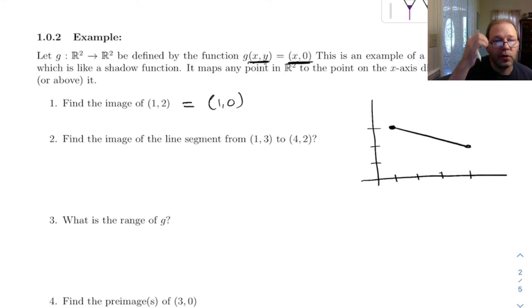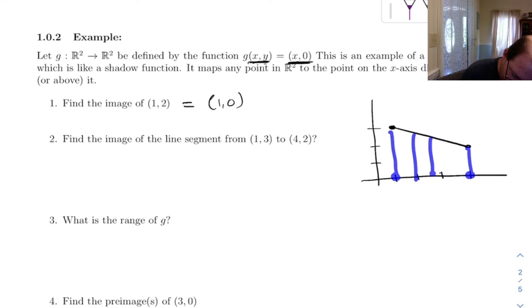And so what this is going to do for each one of these points on this segment, it's going to map it to the point immediately below it. So this is going to get mapped down to here. This will get mapped to here, and everything in between is just going to come straight down. So our image is going to be this over to here. So the image is that whole line right there.